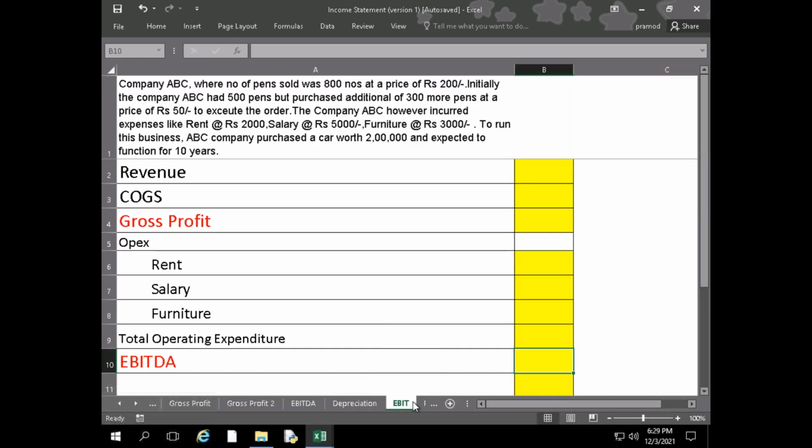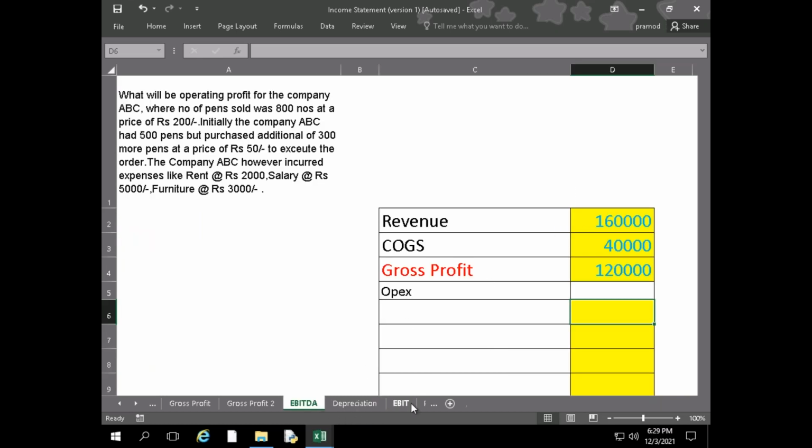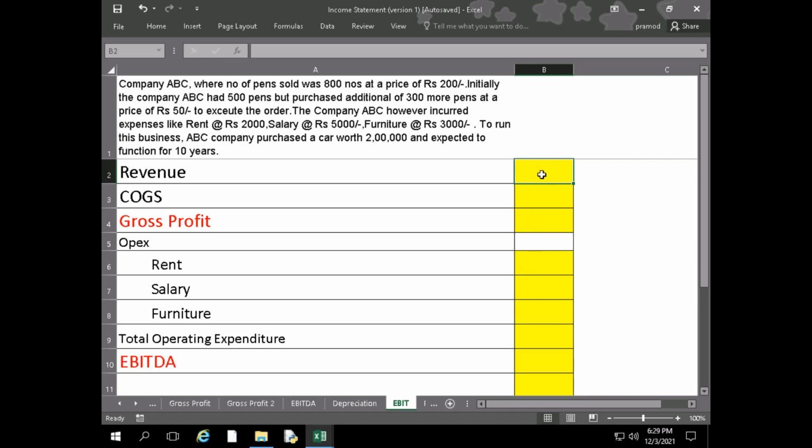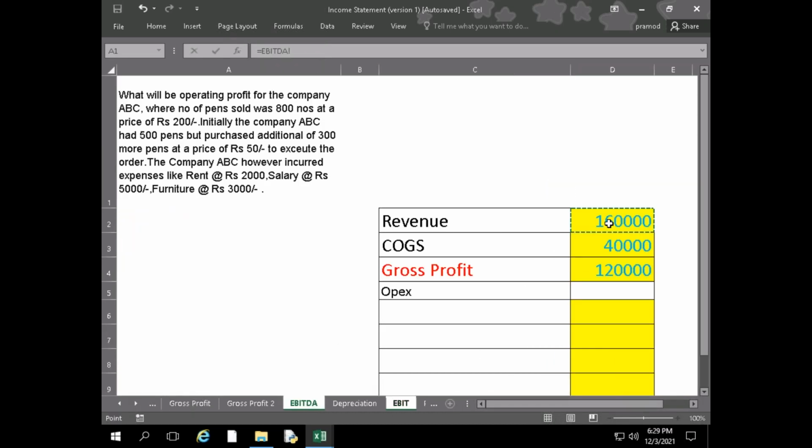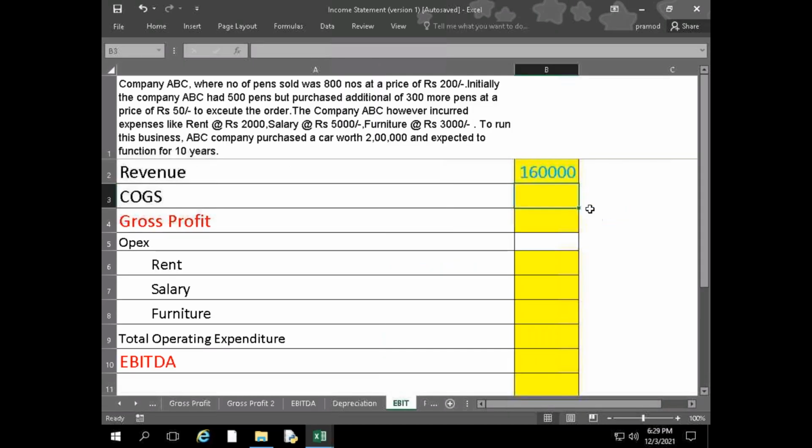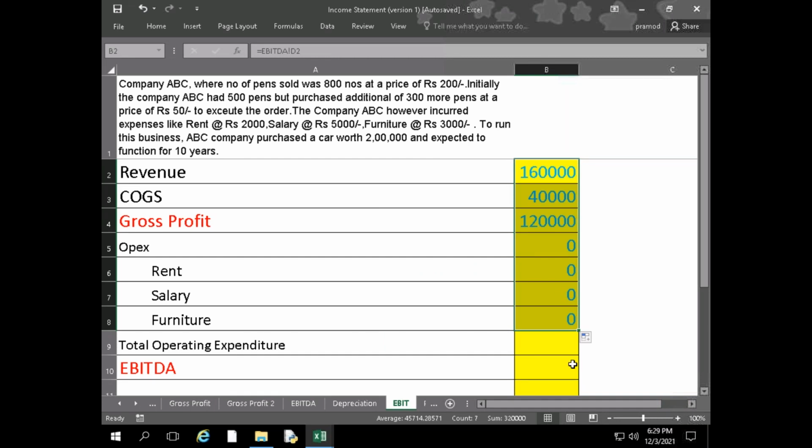In EBITDA, it is gross profit minus operating expenditures, but the gross profit we have to select from the previous page, no, sir? Correct. Just see, select revenue, keep the cursor, give equals, select this one revenue and enter. Just drag down, and it will give you the answer.